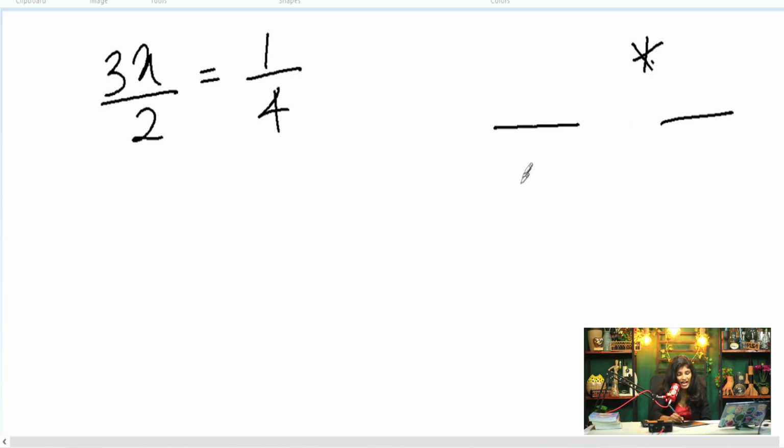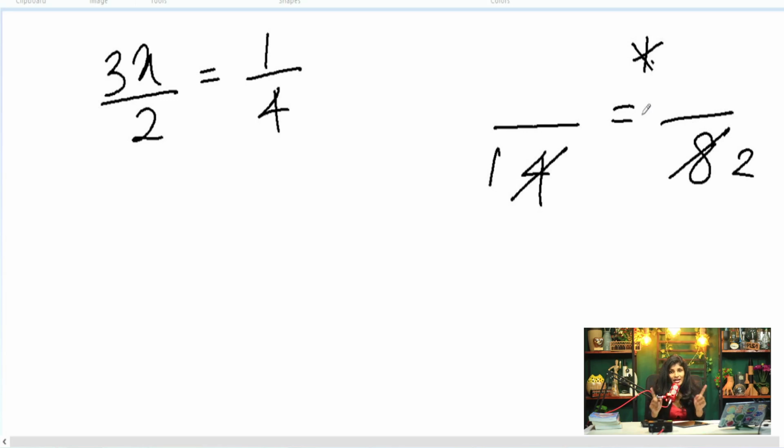If we have 4 and 8 in the denominators, those two numbers are divisible by 4, no? Then I can divide this one by 4. The answer is 1. I can divide this one also by 4. Then the answer is 2. I can do that only if those two numbers are on either side of the equation and also if both are in the numerators or both are in the denominators only.